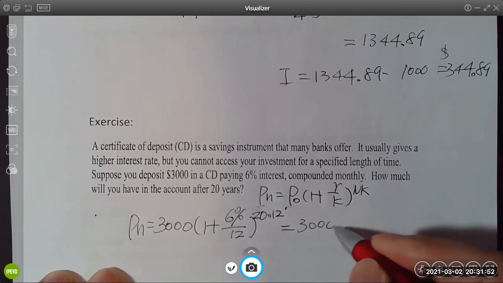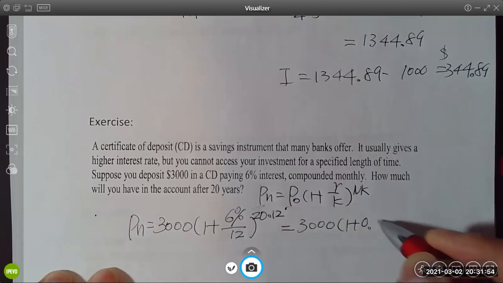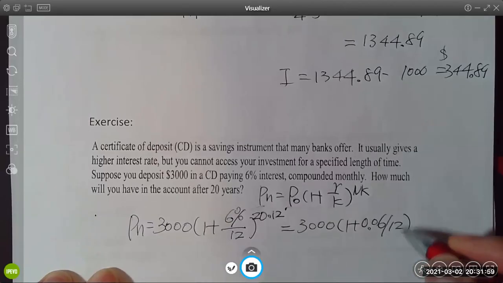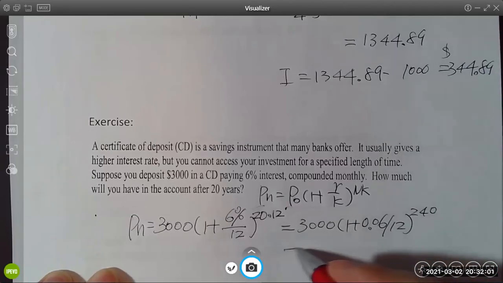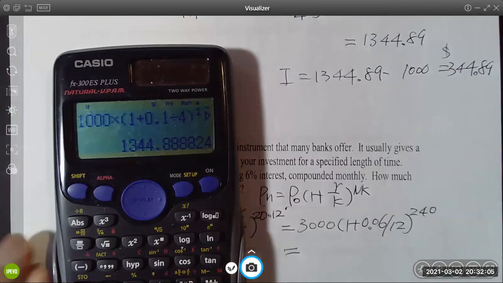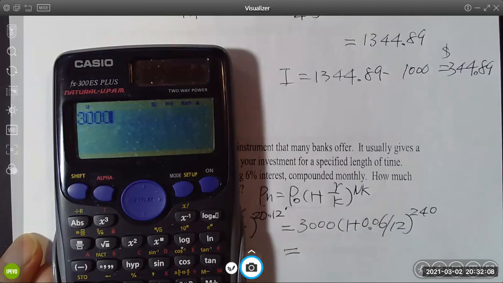So 3,000, 1 plus 0.06, convert percent to decimal, over 12, to the power of 240. Let's see what we get. 3,000 times parentheses 1 plus 0.06 over 12 to the power of 240.